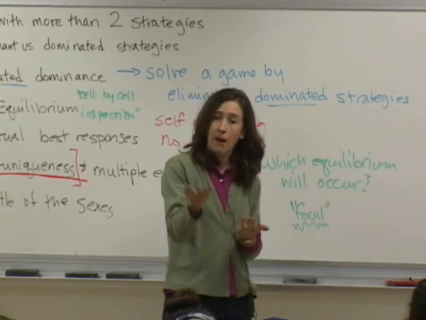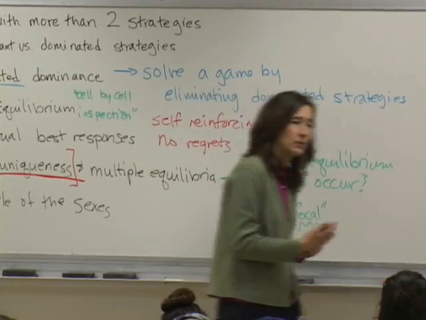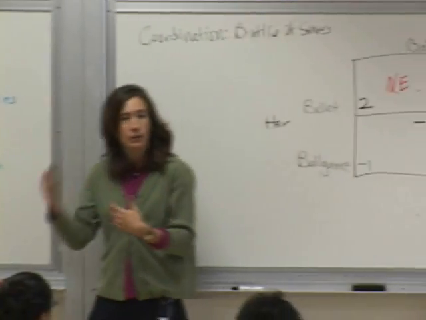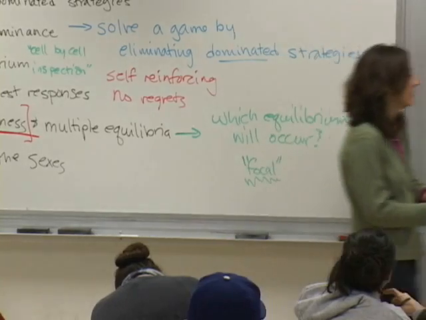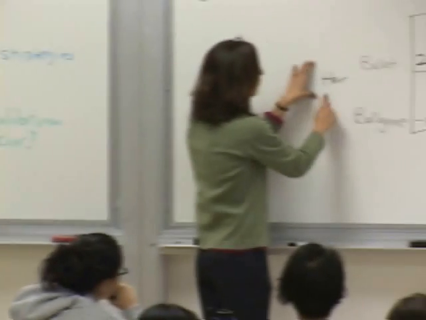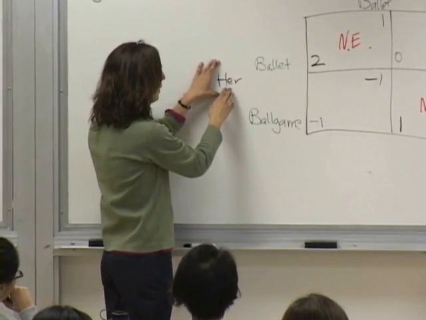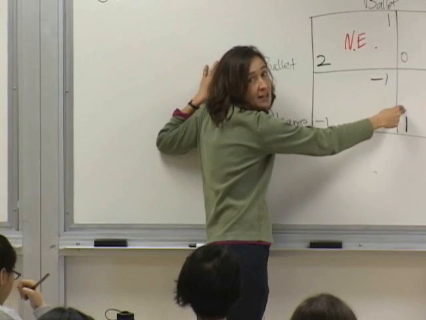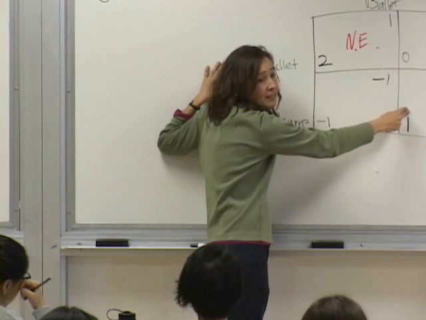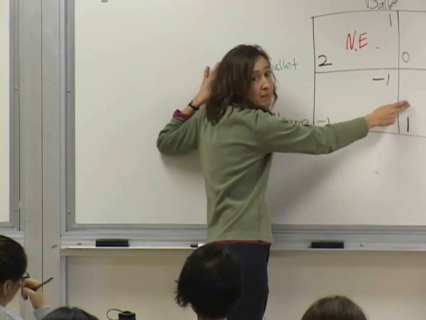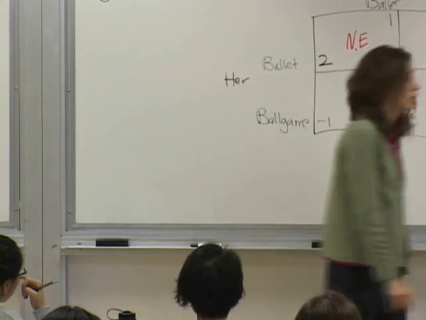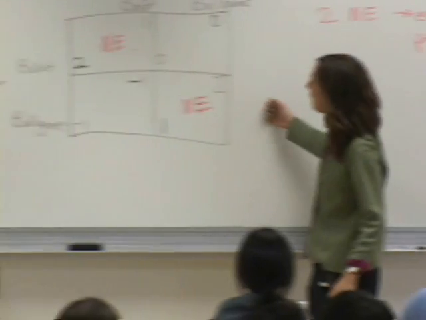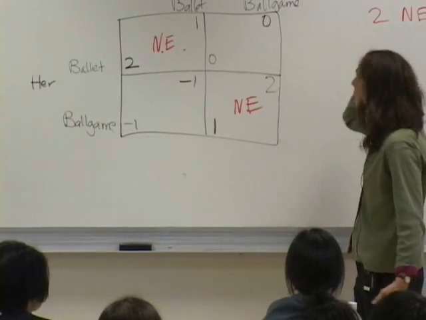But if you've been following the op-eds since Super Tuesday, one high-profile conservative after another has kind of said, if McCain's going to be the nominee, okay, so say I'm William Kristol and I'm in the situation of the girl who's seeing that the guy's going to go to the ball game. The nominee is going to be somebody I don't want, but I'd still rather be there than have a divided party go into the general election at a disadvantage. So, yeah, I really like this game because of that feature.